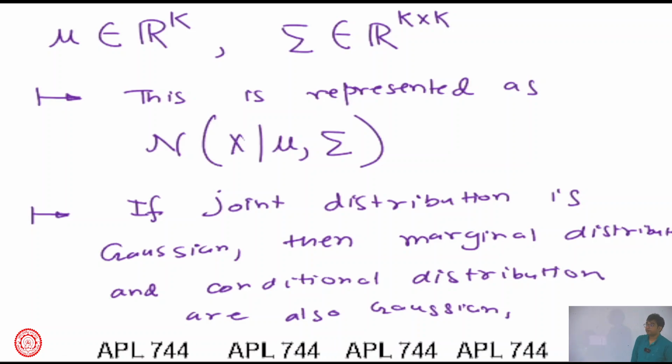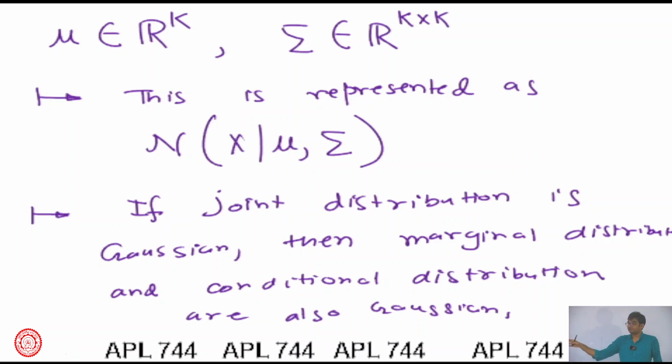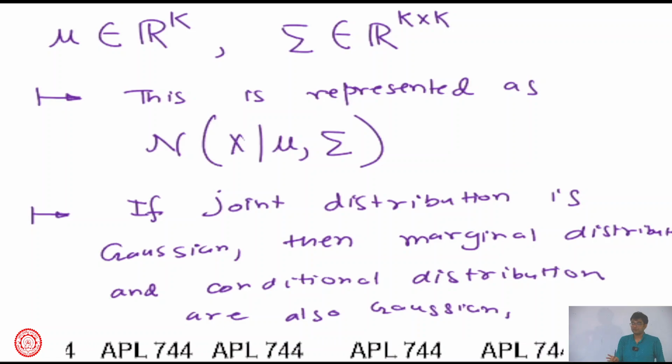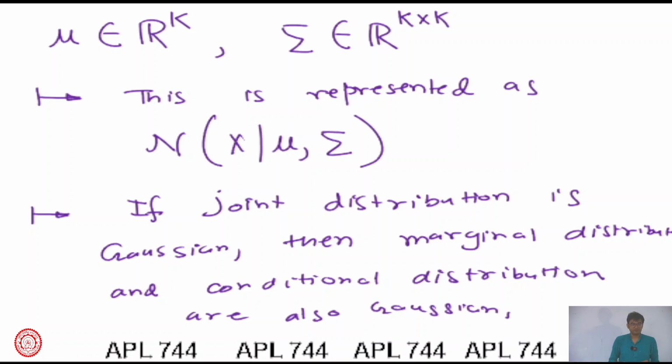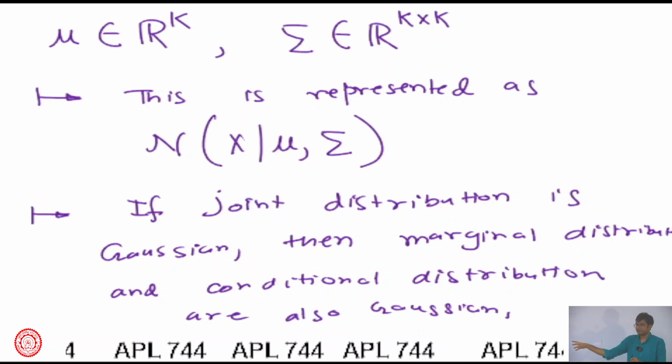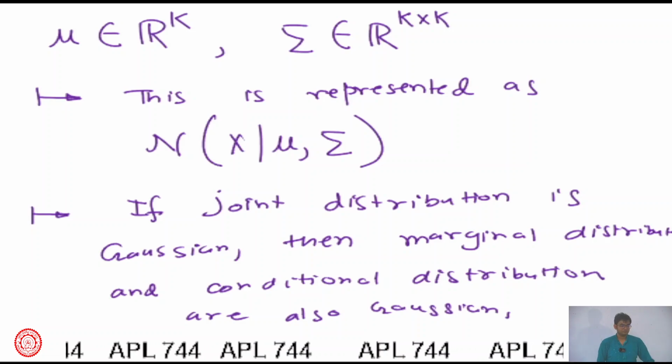And this is the property that allows us to find closed form solutions when working with Gaussian distributions. And this is the reason we often work with or assume things to be Gaussian when we do not know things.